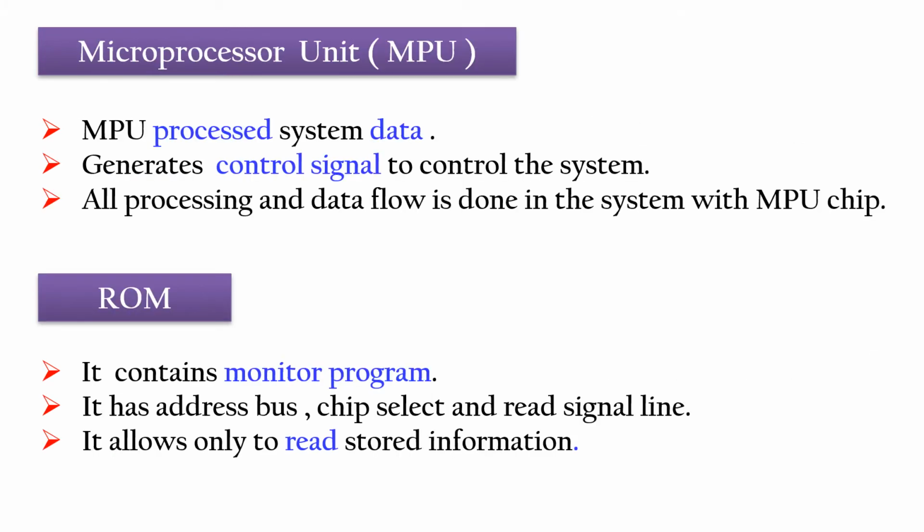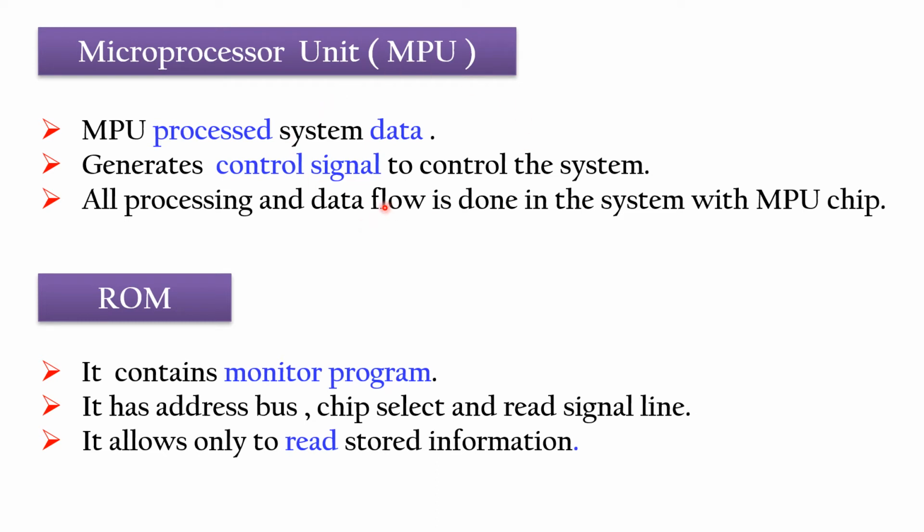Now the next block is the microprocessor unit. The microprocessor unit processes the system data and control signals are generated to control the system. All the processing and the data flow is done with the MPU chip. So we have seen the primary functions of the MPU.